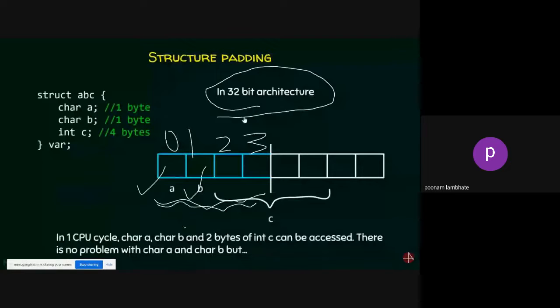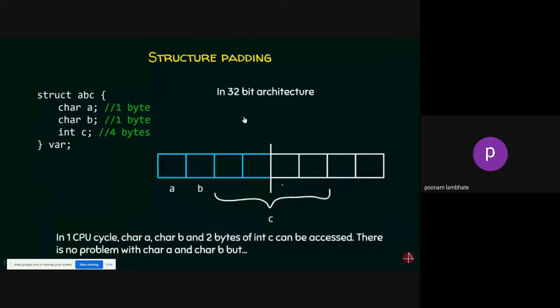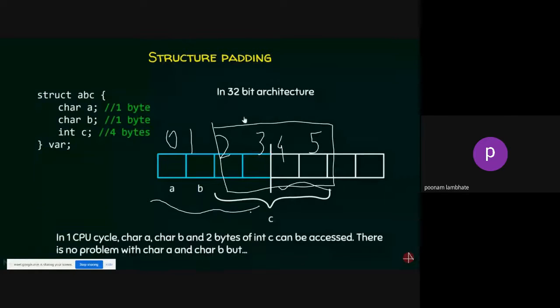But suppose you do not store your integer at a multiple of 4. You're storing the integer from location 2, 3, and using 4, 5. If you had done it this way without padding, then what would have happened? In the first CPU cycle, you can read locations 0, 1, 2, 3. That means you have read only 2 bytes of the integer.